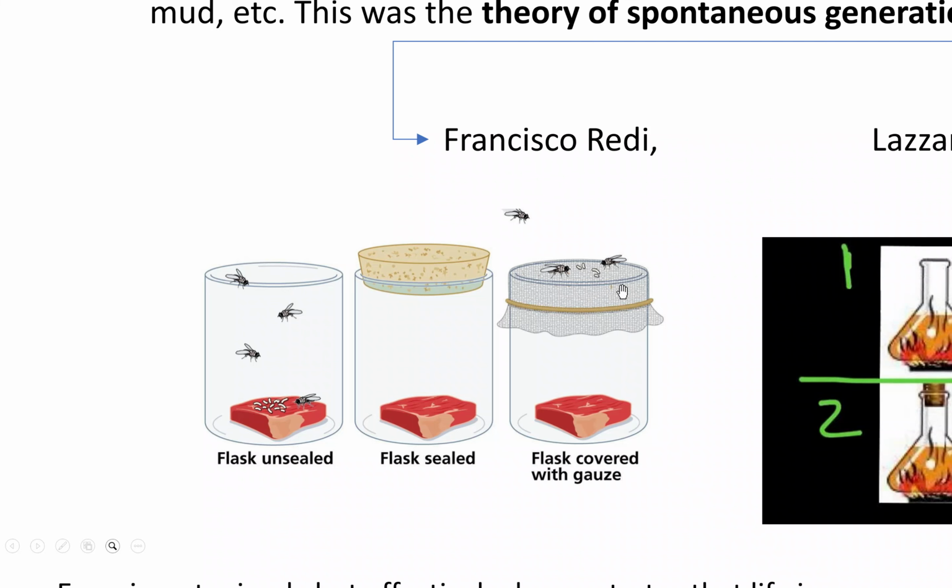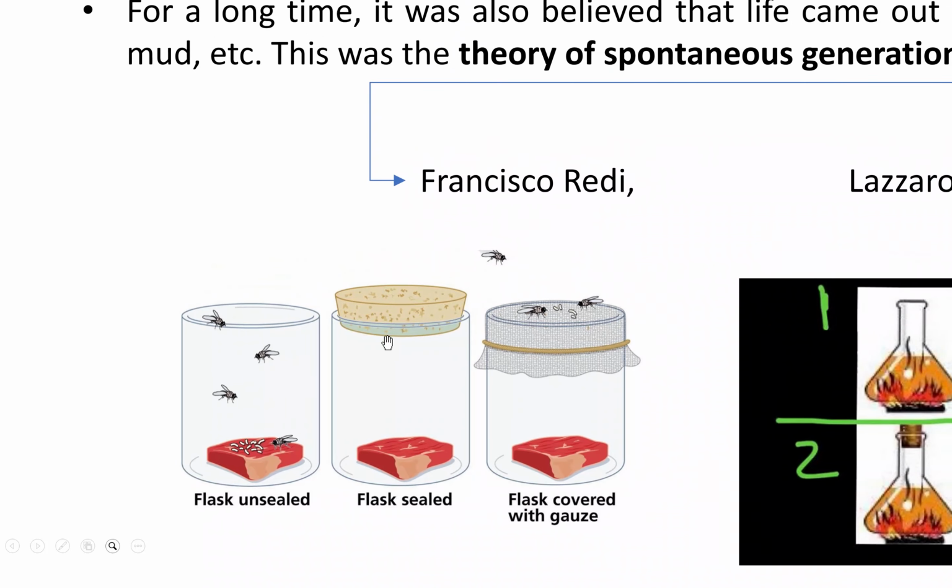Attracted by the smell, the flies will come and lay their eggs on the gauze itself, and then the maggots will develop here. So the middle one, the sealed flask, is kind of a control. It shows that when there is no contact with the outside environment, there are no maggots. So no flies, no maggots.